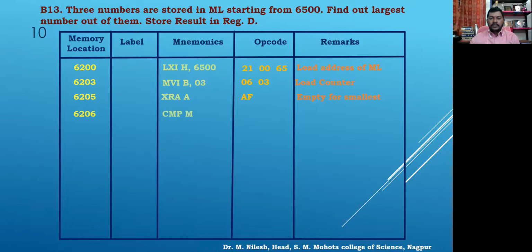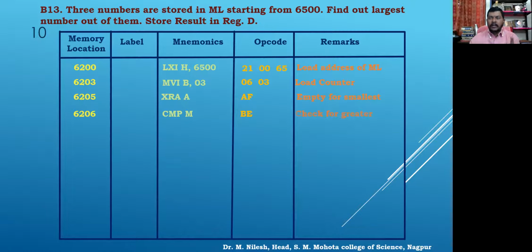We'll start comparing. So compare the first number with the contents of the accumulator, that is CMP M. Since the accumulator is 00, it will compare with that 0. If it is 0, then it will remain 0. If it is more than 0, then it will be stored in the accumulator. Now what will happen?